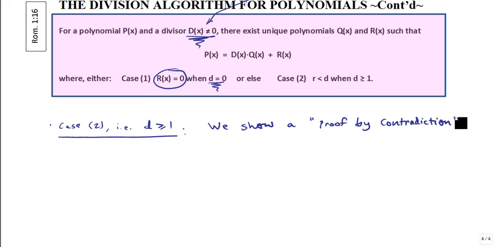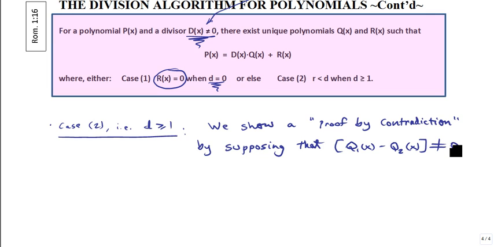Okay, so let's look at that by supposing that the q1 of x minus the q2 of x is different from 0.